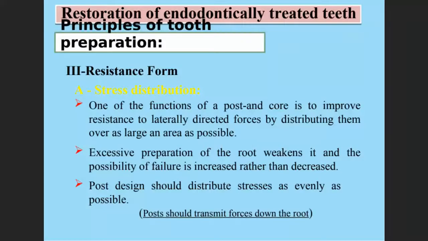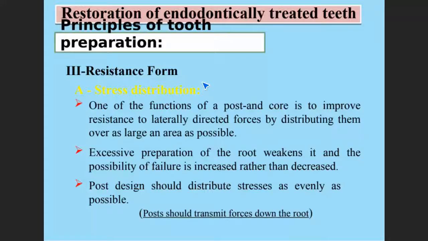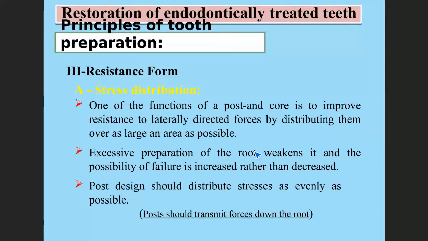The third part of the principles is the resistance form. We have here stress distribution and also anti-rotational features. As one of the functions of the post and core is to improve the resistance to laterally directed forces, and the post should distribute stress as evenly as possible over a large area.